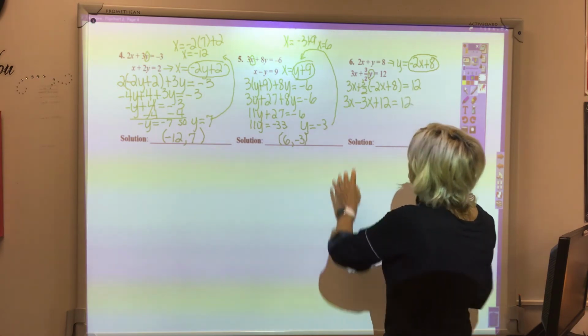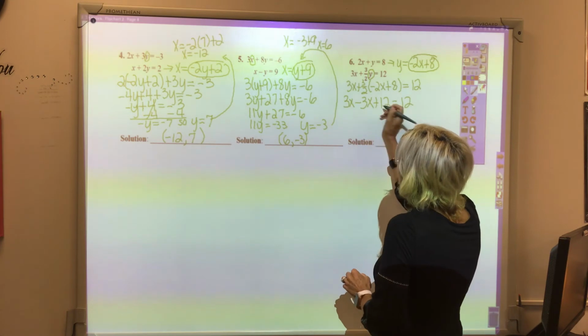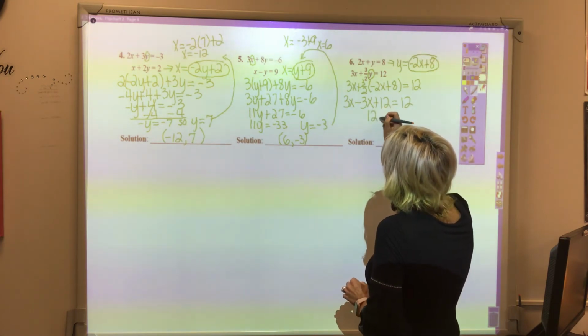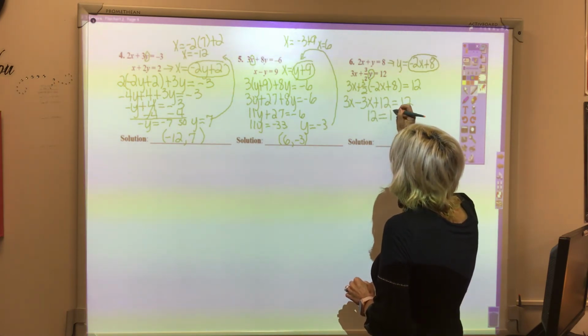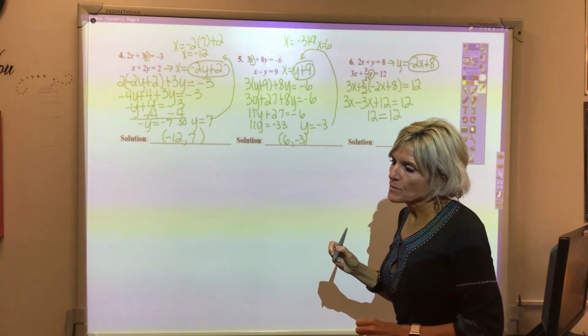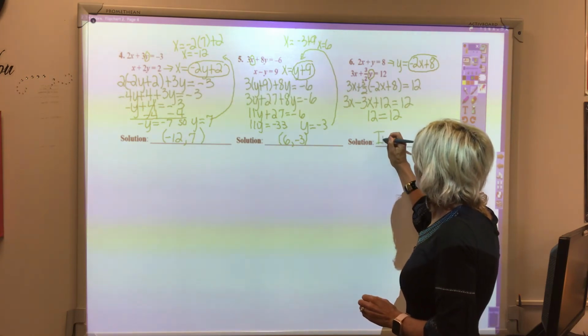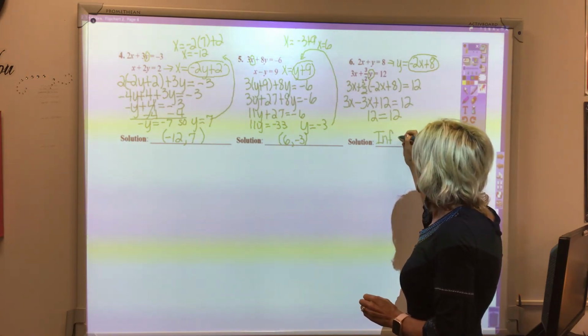And notice if I clean this up, 3x minus 3x is 0, 0 plus 12 is 12. Well, 12 always equals 12, so the number of solutions on this one would be infinitely many.